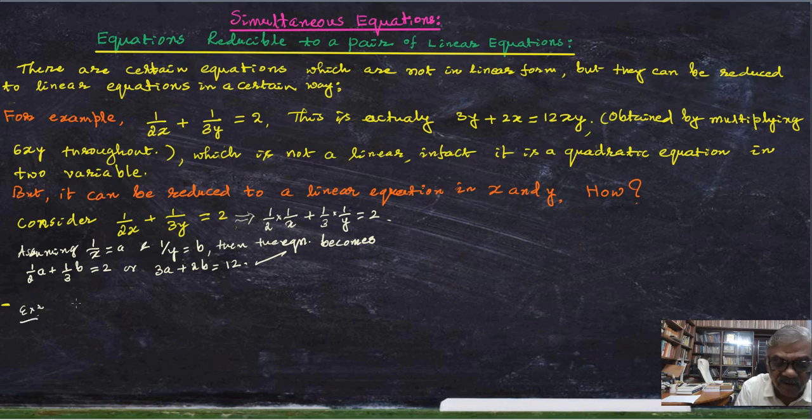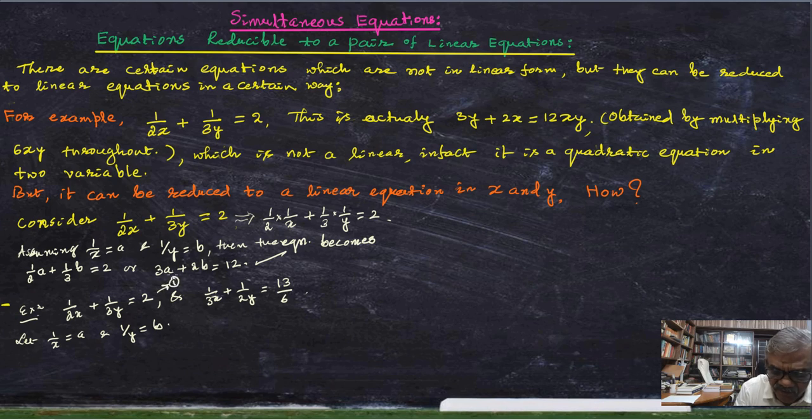One of the equations is 1 by 2x plus 1 by 3y equal to 2, and 1 by 3x plus 1 by 2y equal to 13 by 6. As usual, let 1 by x equal to a and 1 by y equal to b, and call these equation 1 and equation 2.